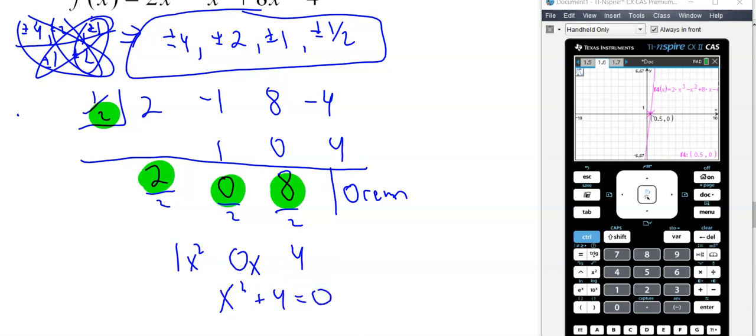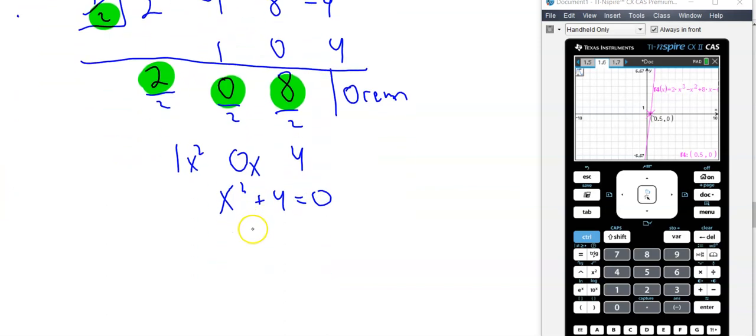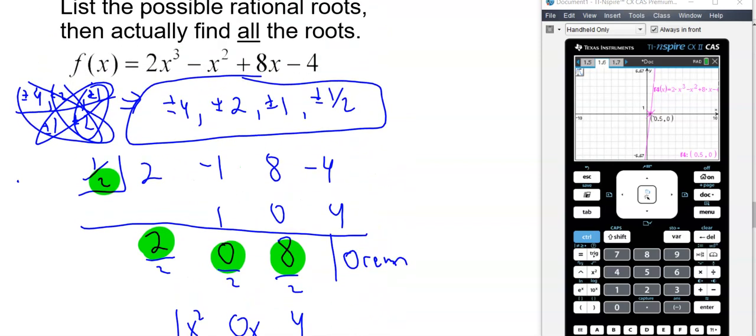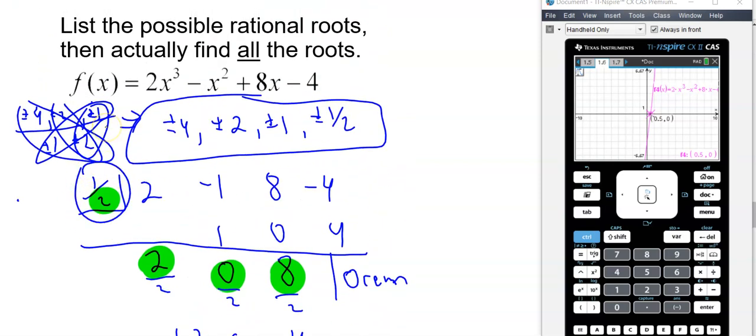Again, I don't really have to use quadratic formula because there's no x term there. Subtract, you get x squared equals -4. Take the square root of both sides. Don't forget plus or minus. x equals plus or minus 2i. So 2 of the solutions are imaginary. They came in a pair. They're conjugates. One of the solutions is real. It came from our list, and it came from the calculator, 1/2.